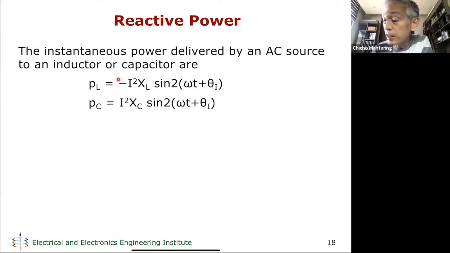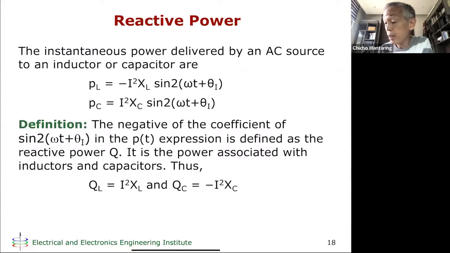So this is your reactive power for your inductance, and this is your reactive power for your capacitance. The definition is the negative of the coefficient of this sine term.